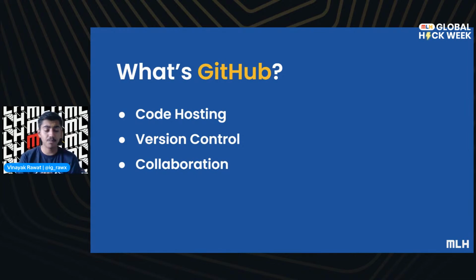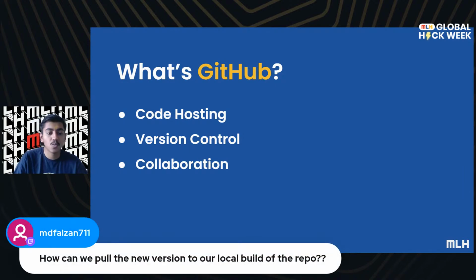GitHub gives you a perfect platform to collaborate, so that you're not restricted by location, and you can contribute from everywhere. I can be coding from India, and I can have a friend coding from the United States of America. I'll also let you know in this stream how we can pull the new version to our local build.